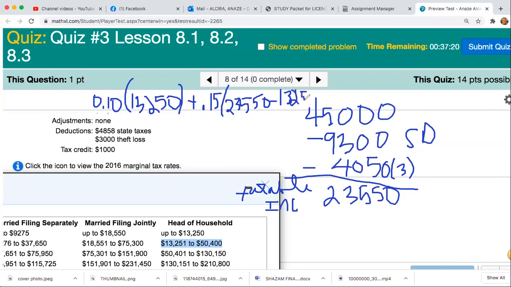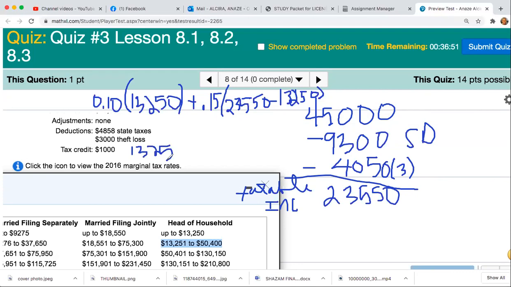Then you're going to grab a calculator. Put that into the calculator. On the calculator, when you do 0.10 times 13,250, that leaves you with $1,325. Let me write it down here. So she's going to pay $1,325 on the first $13,250.